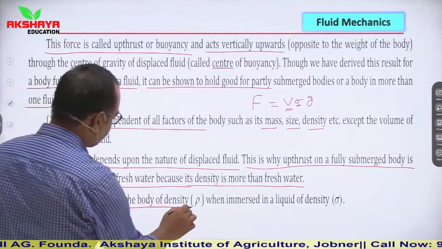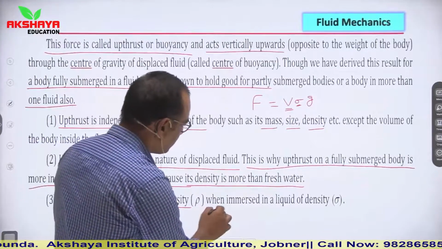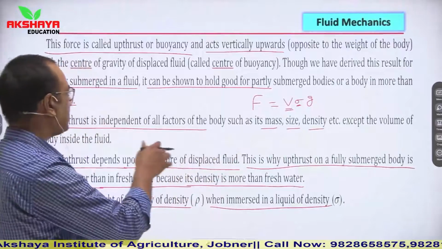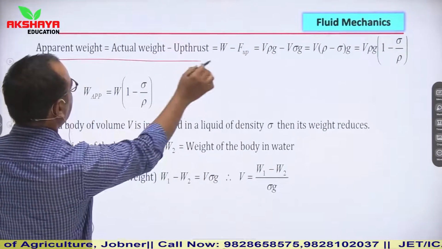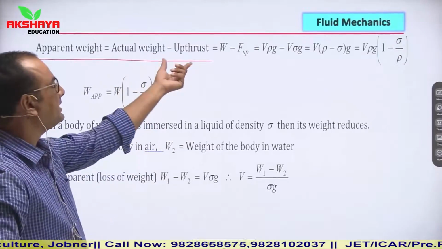Now, the apparent weight of a body of density rho when immersed in a liquid of density sigma. We have seen a question based on this. So apparent weight is actual weight minus upthrust.